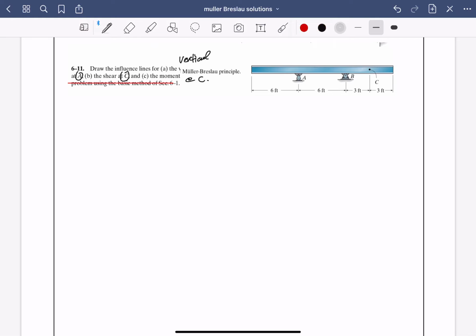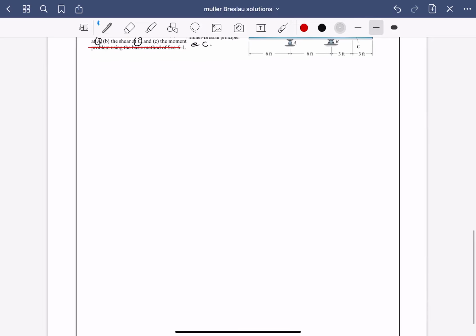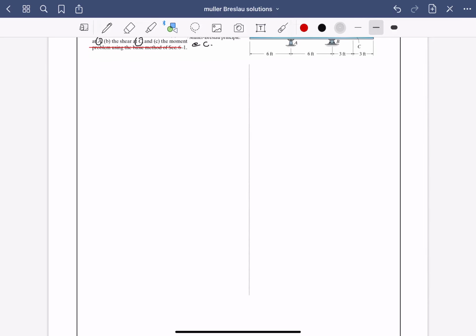So again, 3 problems, 3 questions. Best thing to do, draw these lines down, draw these lines down, draw these lines. Question 1, question 2, question 3.